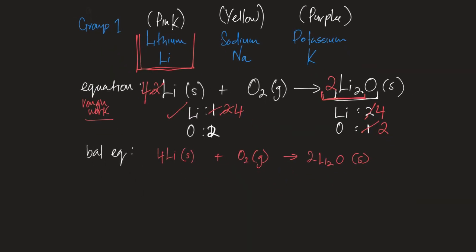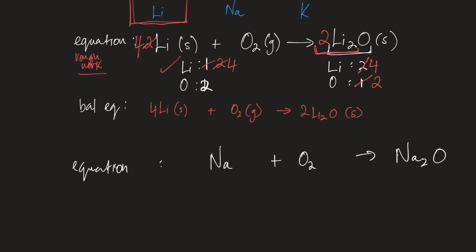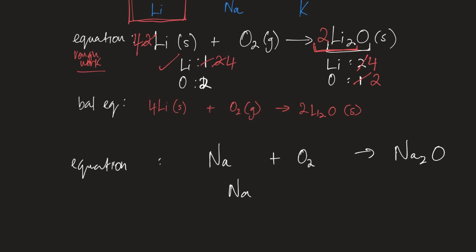And now the equation is the same. Na plus O2 is going to give me Na2O. Alright, so I've got Na and I've got O, and I've got Na and I've got O. Sodium, I've got 1 here, I've got 2 there. Oxygen, I've got 2 here, I've got 1 there.